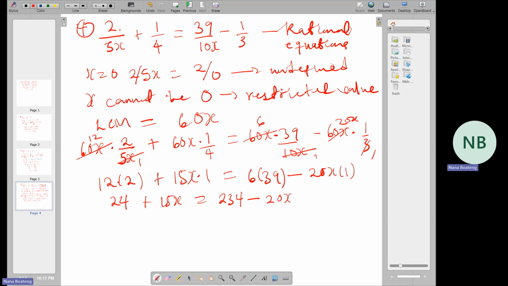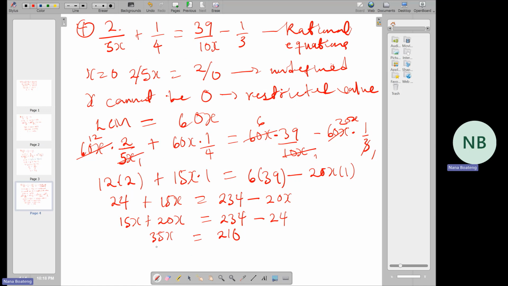All right. So let's group the variables on one side and the constants on the other. So we have 15x plus 20x is equal to 234 minus 24. So 15x plus 20x is 35x, is equal to 234 minus 24, which is 210.